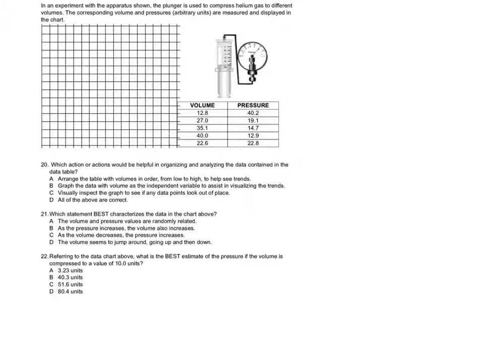And then it would be helpful to actually see this graphed out so you could look at what's happening with your data. If we look at our volume, we're going from basically 12 up to 40. So if we put volume on the x-axis, which I gave you guys some graph paper here so that you could actually do this, let's figure out how many spaces we've got here. 17 on here.